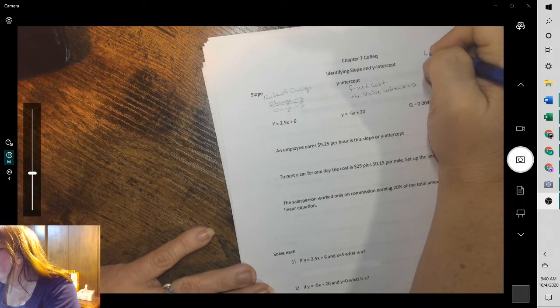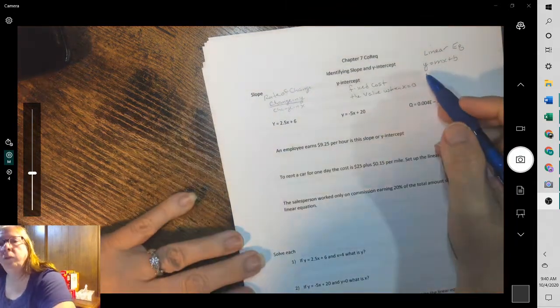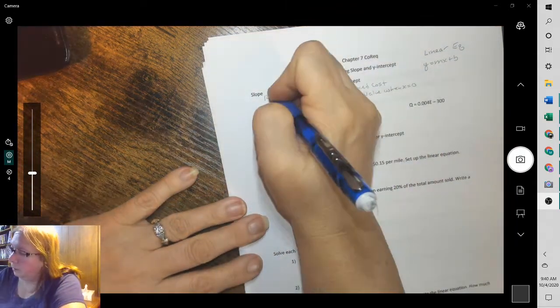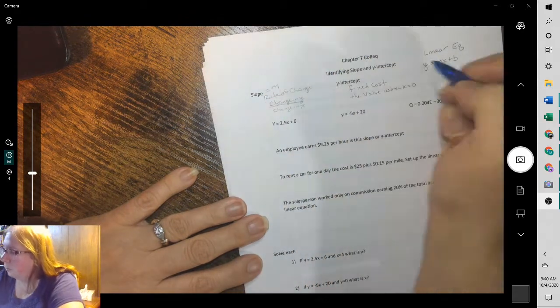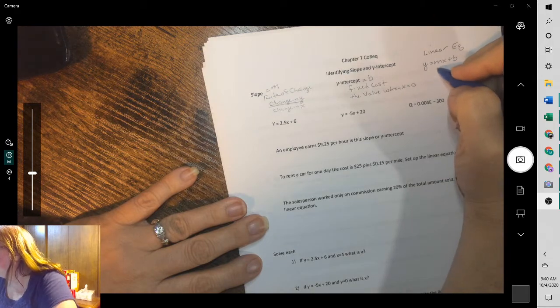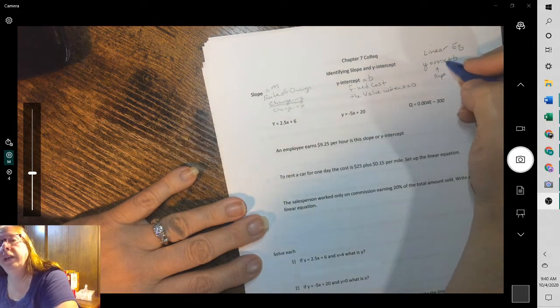In this chapter, we're going to work with linear equations, and they would be of the form y equals mx plus b. M is the slope, b is the y-intercept. So notice the slope is attached to your x value.